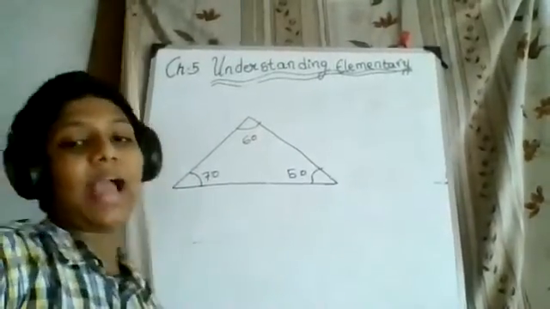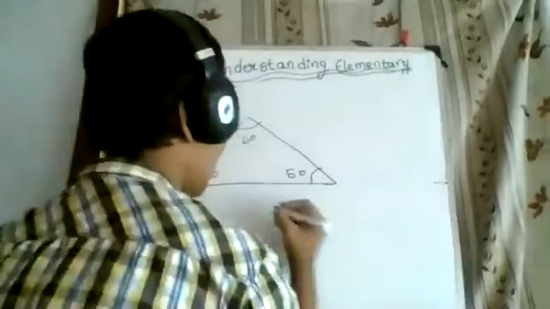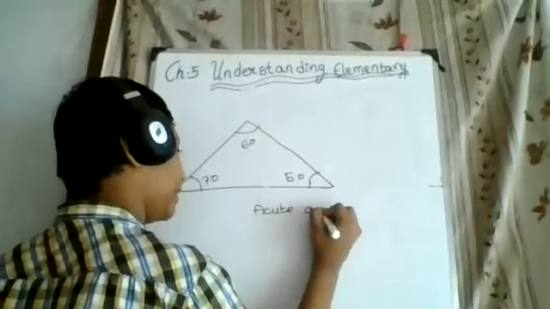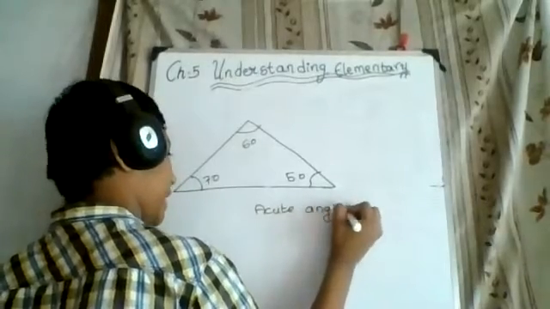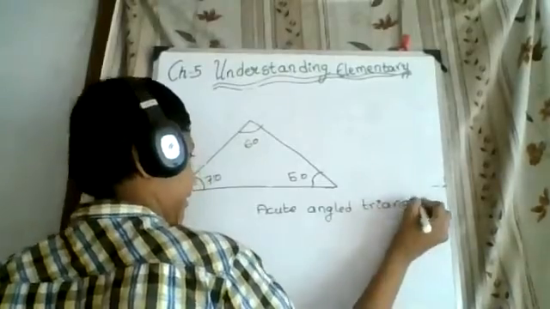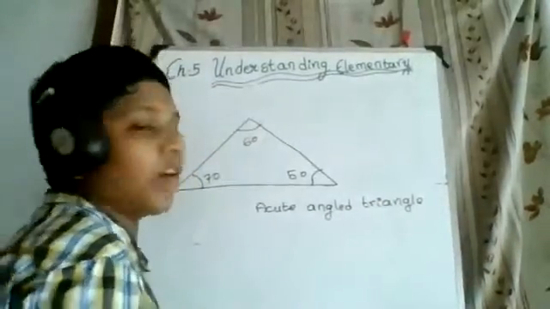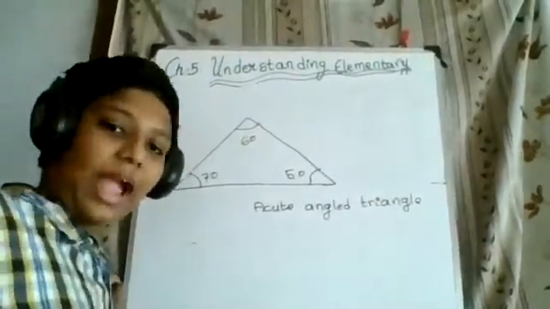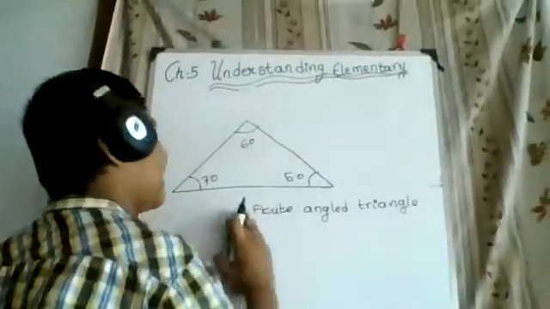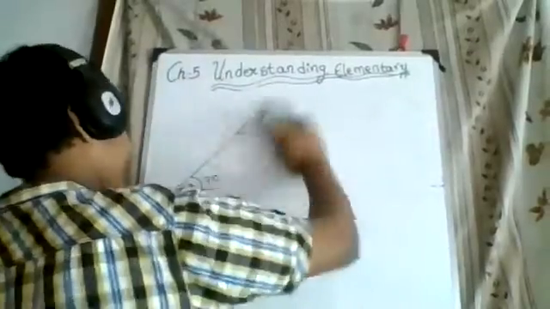If all three angles are acute angles, then the triangle is known as an acute angled triangle. Now what is the definition? If all three angles of a triangle are acute, then the triangle is known as an acute angle triangle.